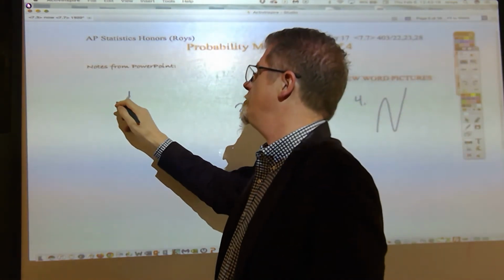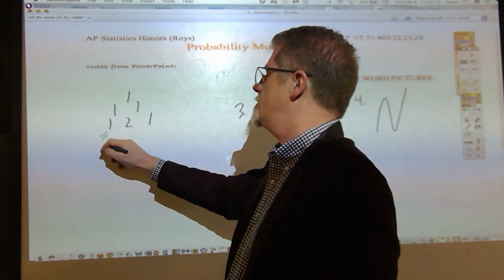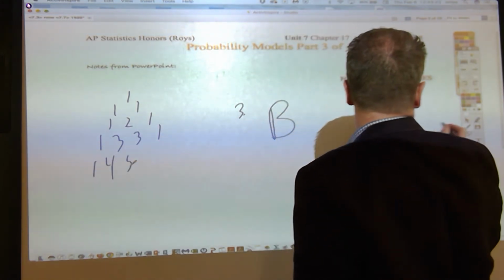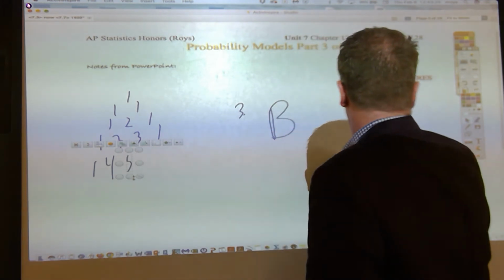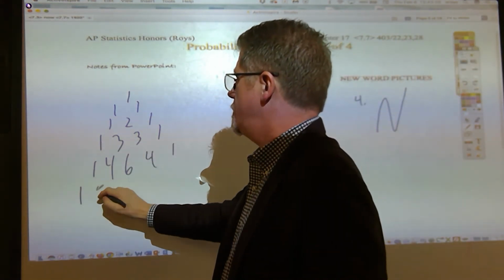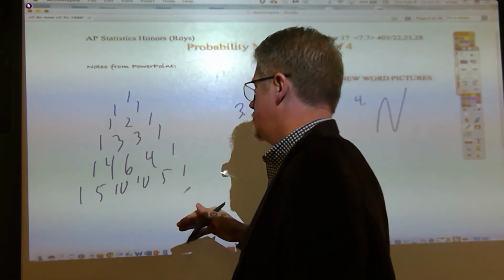Word picture 3 is binomial, which is related to Pascal's triangle. Let's take a look at the shape of some of the distributions represented by rows of Pascal's triangle, like 1, 5, 10, 10, 5, 1.